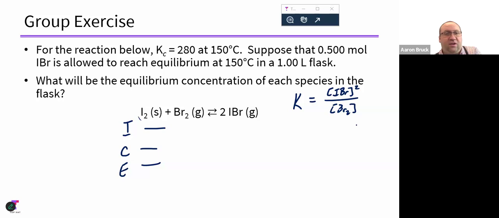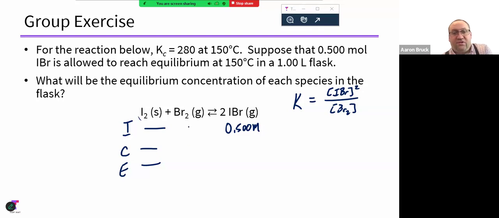Second thing, we aren't given any information about the bromine, only the iodine monobromide. So this is 0.5 molar. Most of you came up with that. And most of you came up with the idea that for bromine, there's nothing there.